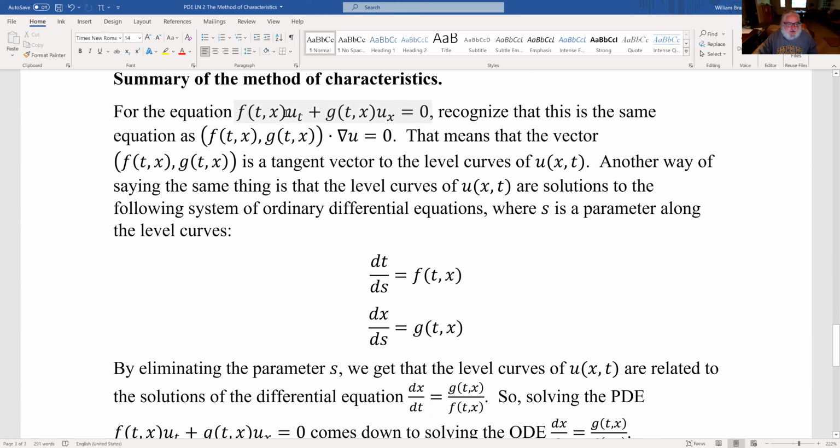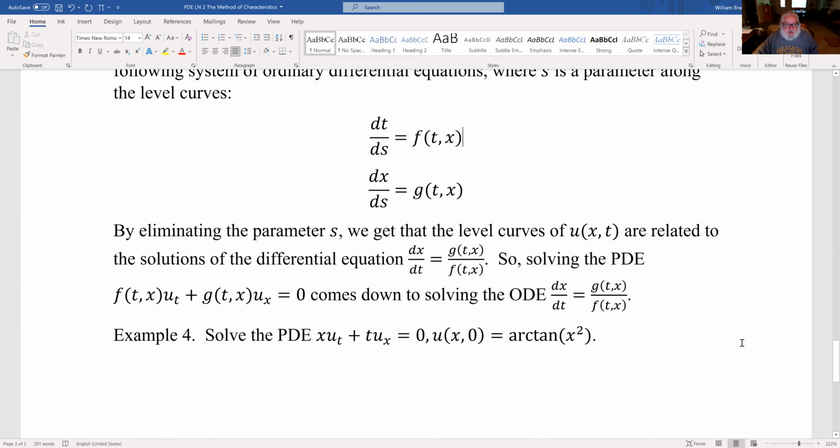If we have this equation, this is the same thing as saying f of t comma x, g of t comma x as a vector dot grad u equals 0. So this vector is a tangent vector to the level curves of u(x,t), which means that the level curves of u(x,t) are solutions to this system of differential equations. And s is some parameter that is measuring arc length along your level curves.